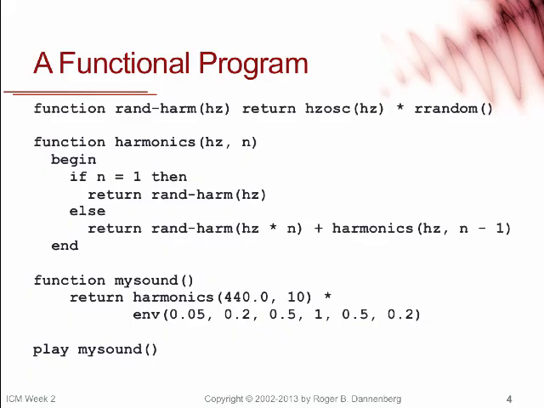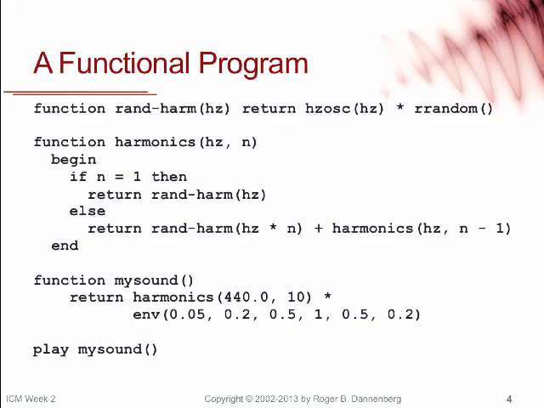And the play command will force samples to be computed, but only a block of maybe 1,000 samples at a time that'll be written out, and the sound will basically be destroyed in the process of playing it. It will not be retained in memory, and that's what we want.